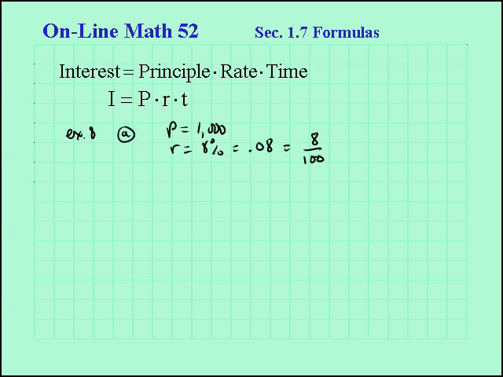T is 1 year. So when we go to calculate the interest, I equals P times R times T. That's 1,000 times the rate, which is 0.08, times the time, which is 1.